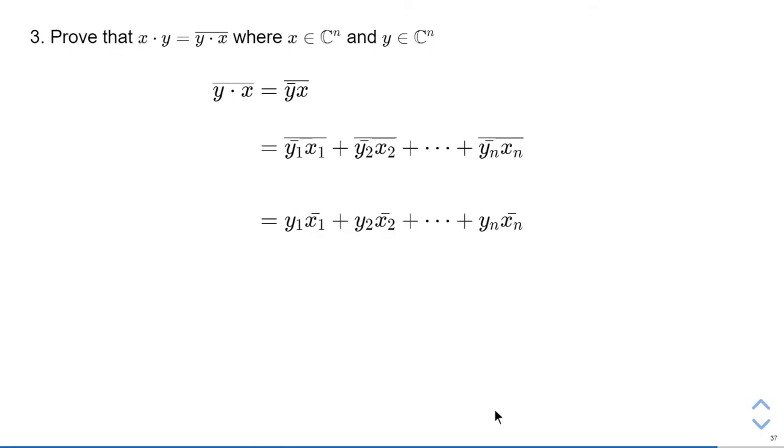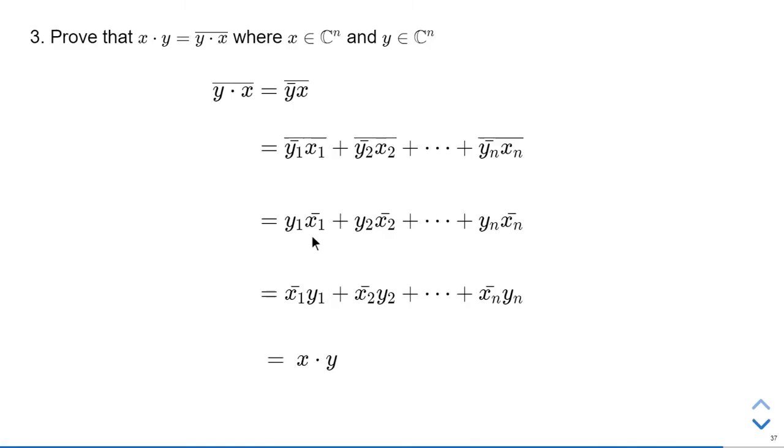Now again you use the properties of the conjugate. After applying this, it becomes y1 conjugate of conjugate and x1 conjugate. The conjugate of the conjugate of y1 is simply y1, so we simply shifted the conjugate from y to x. You can simply interchange the elements, since it's a product, and now you can write this as x dot y.